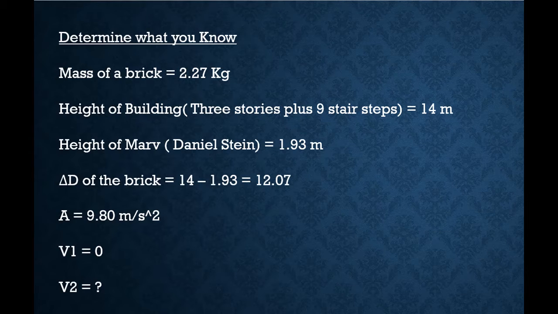We also know that the acceleration on the brick would just be gravity. Therefore, it is 9.80 meters per second squared in the downwards direction. And we know that the initial velocity is 0 because the brick is not moving before Kevin drops it, and we are trying to find the final velocity.